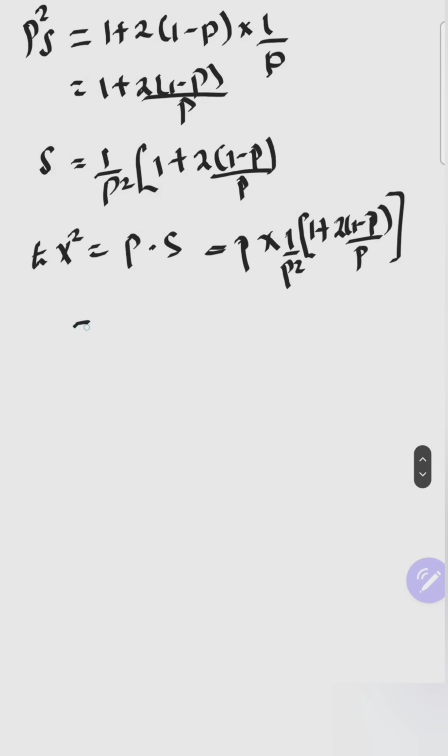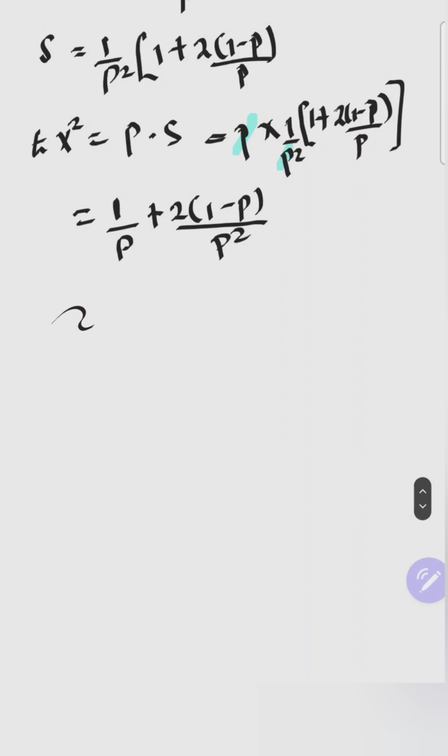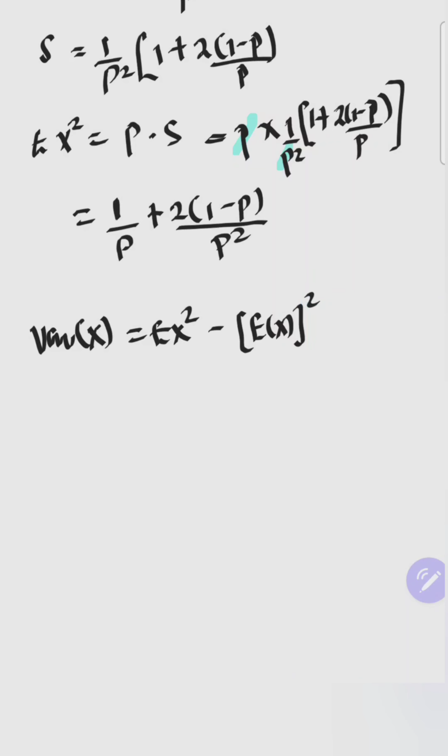And here we have our expectation of X squared to be 1 over p plus 2(1 minus p) over p squared. Why? Because p cancels out one of these p. Now we've gotten the expectation of X squared, and recall that the variance of X equals the expectation of X squared minus the expectation of X, all squared.